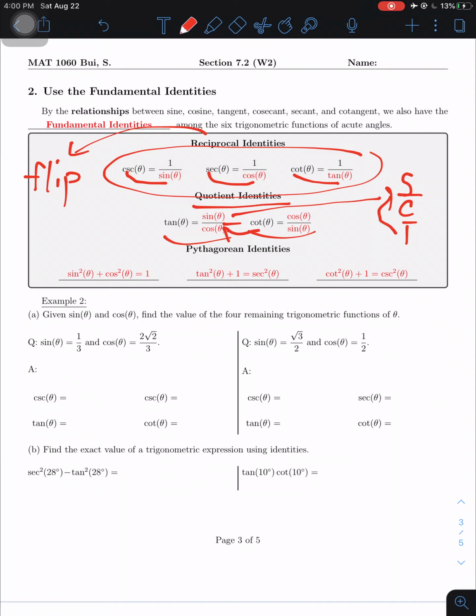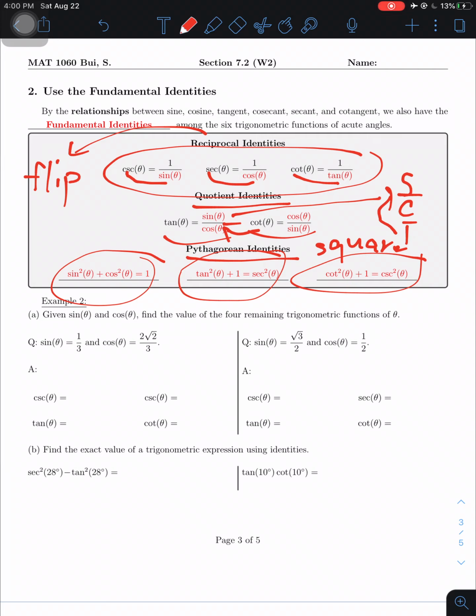Lastly, we have the Pythagorean identities. A tip here to remember this is that whenever we talk about Pythagorean, it means square. What do I mean by square? If you look among the three formulas here, they all have something squared, right? They all have the exponent of 2 in them. Why is that so?